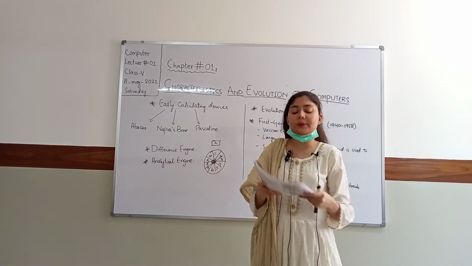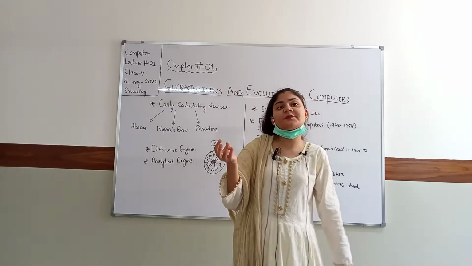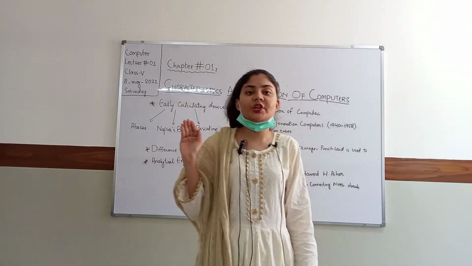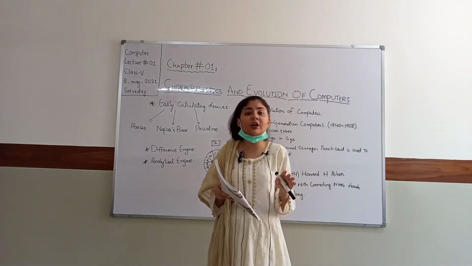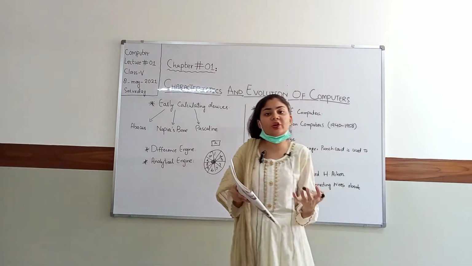prepare mathematical tables. We have learned that the abacus, Pascaline and Napier's Bones were used to do thousands of calculations, but it is not enough, because when we get into technology, we want more technology for us.